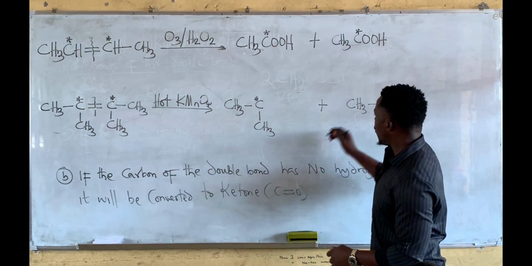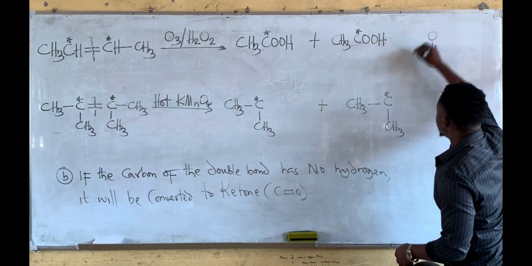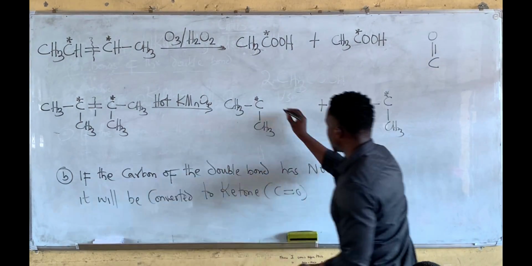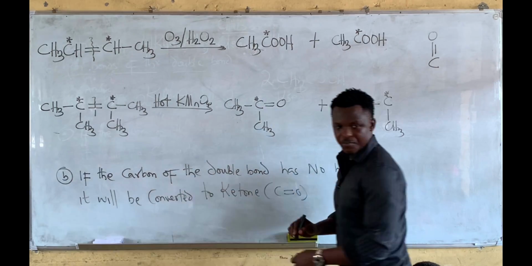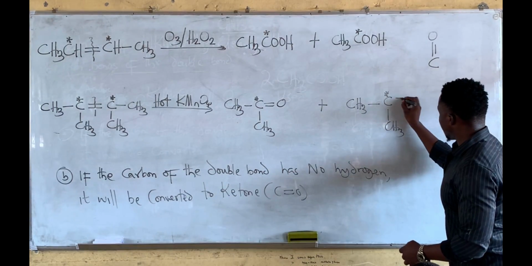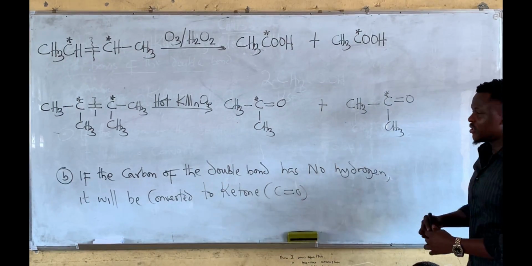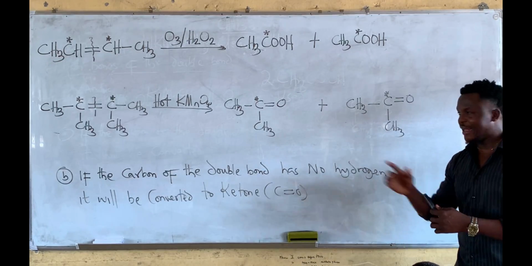To ketone. And what is the functional group for ketone? So this guy will just come here and put this guy here, and put this guy here. But in your textbook, they might write it in a way that is not like this.